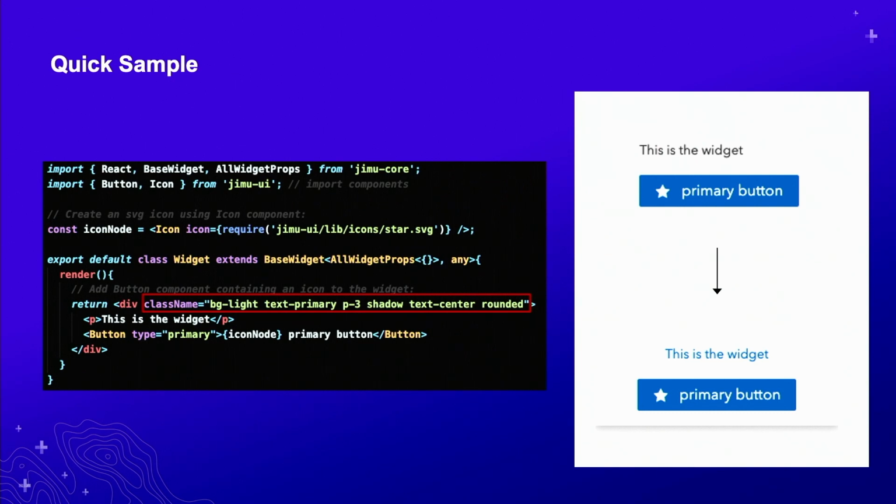In the highlighted area over here, we have added classes such as bg-light. This class makes the background color of the widget light, and text-primary changes the text color to primary, etc. As you can see on the right, the container of the widget has some nice-looking styles applied.